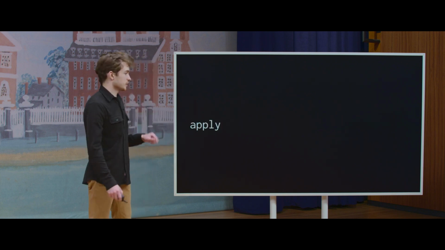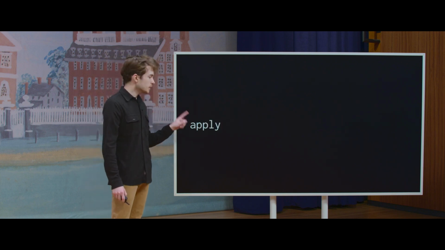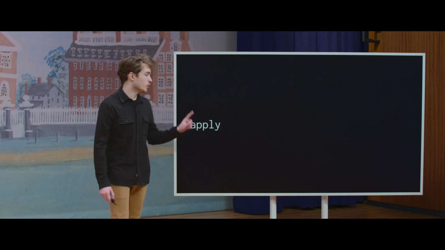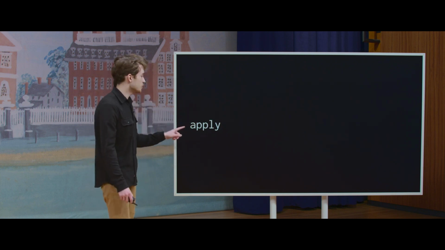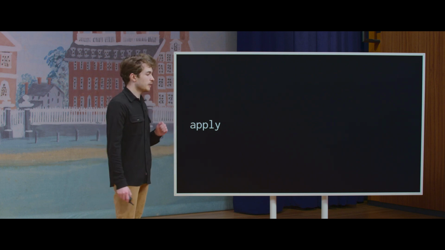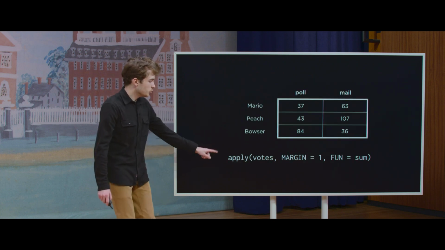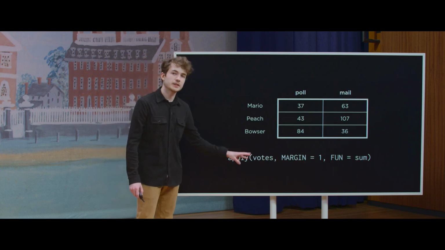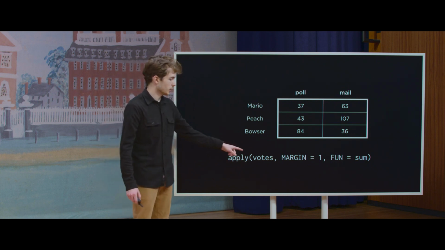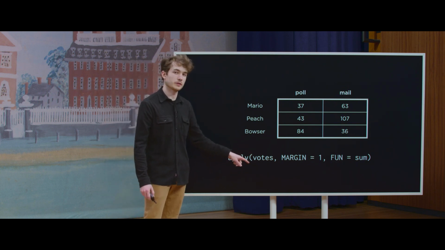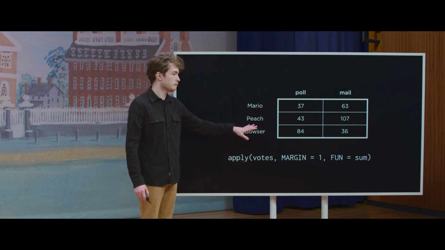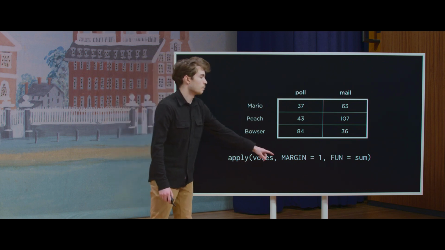So R gives us this function called apply. And if I wanted to have the same result we just saw with our for loop, but now using this function, I could use the following syntax. I could use this function called apply and give it 3 arguments. The first one is the data frame to work with. In this case, votes, as we see here. The next one is one called margin.